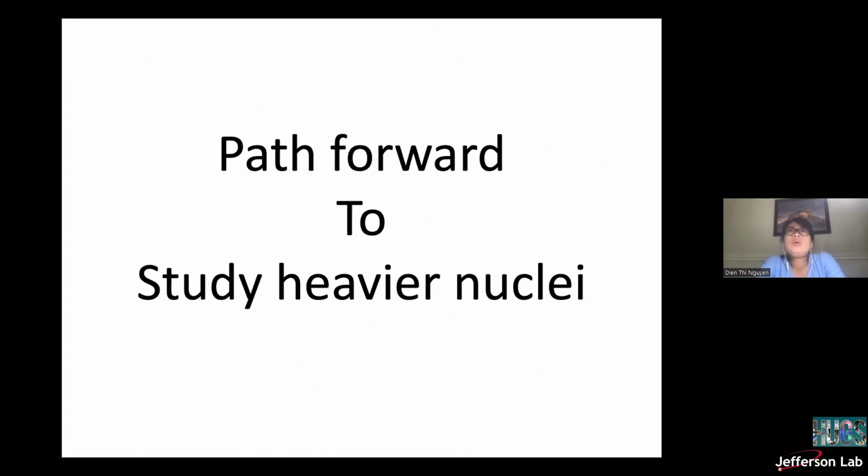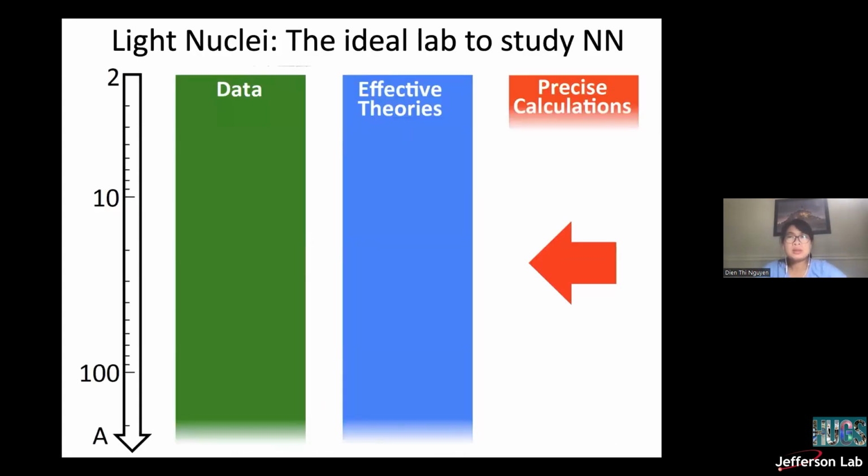So now we already have a study for light nuclei, where we have a precise calculation with a benchmark. We need to think about the path forward to study heavier nuclei. Like I mentioned, precise calculations we can only have for the light nuclei. If we want to study SRC in the heavier nuclei, we have data already.